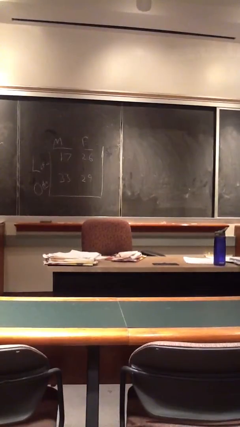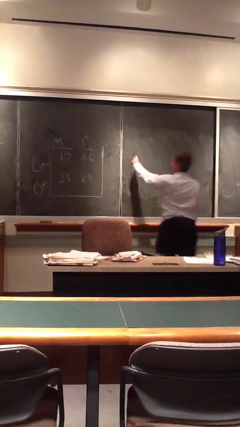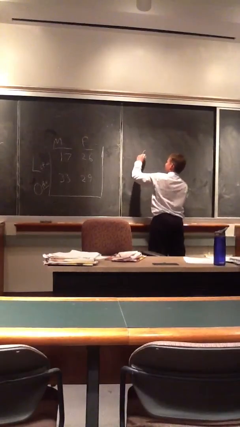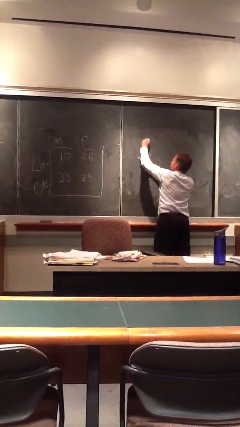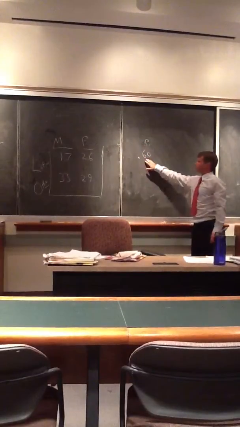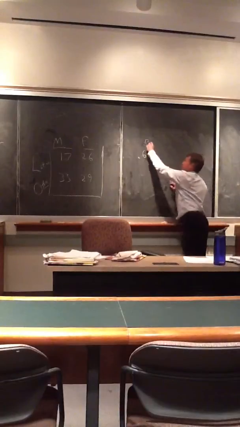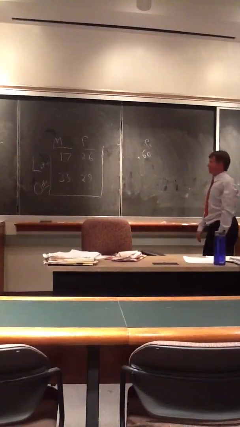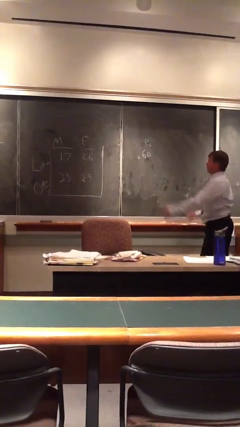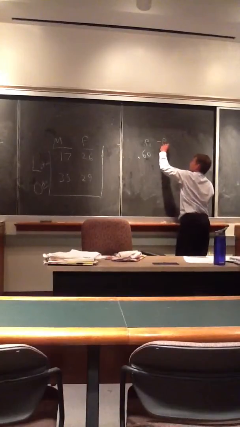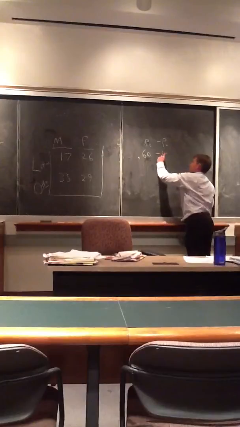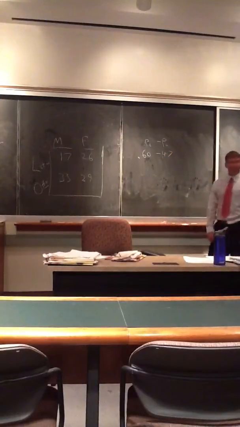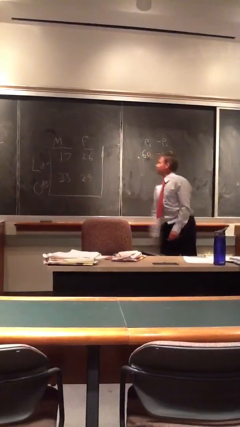Why? Because what is this? This is 0.60, 60% female for X for P1, population 1, which is the Latino population. For population other, everybody else, this is minus 0.47, 47% female.